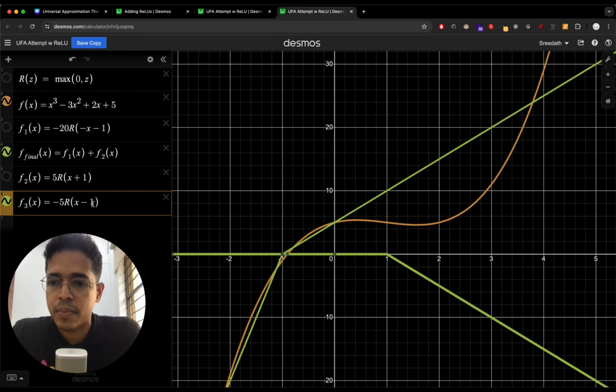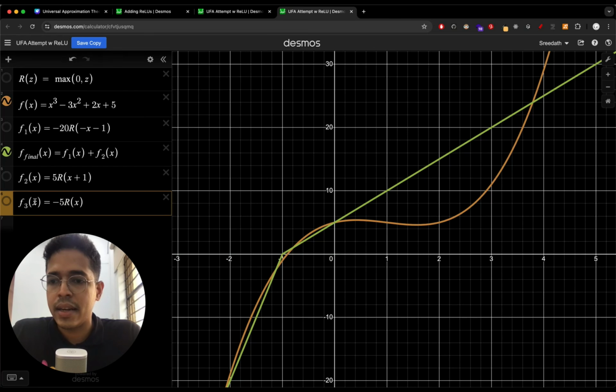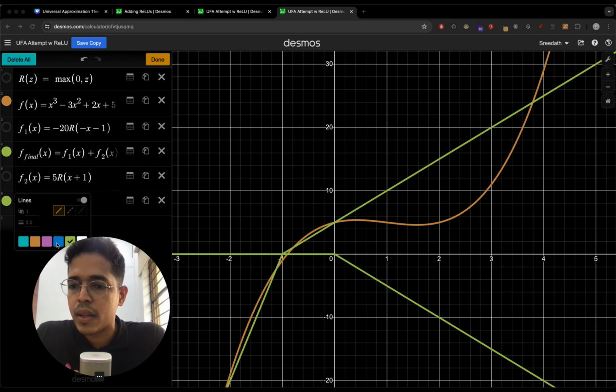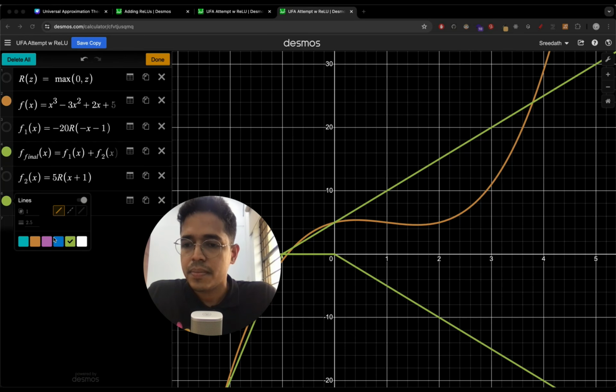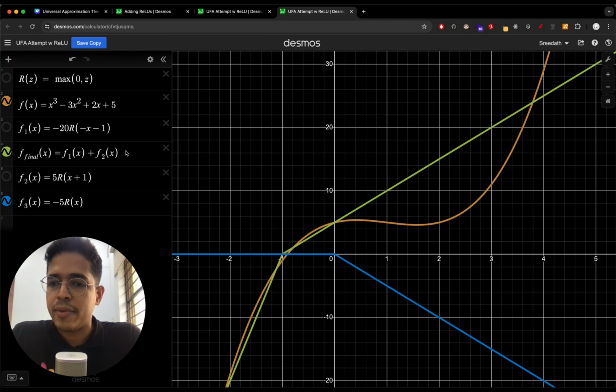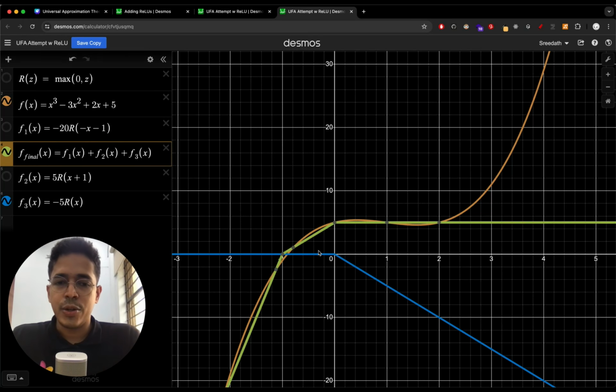Let me give it a different color other than green so that it looks different to you. So it could be blue color. Done. And now if I define the f final as f1 plus f2 plus f3 of x, you can see that now the green line is very nicely approximating.